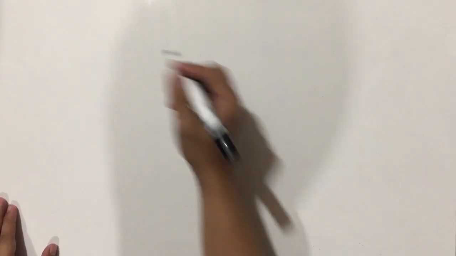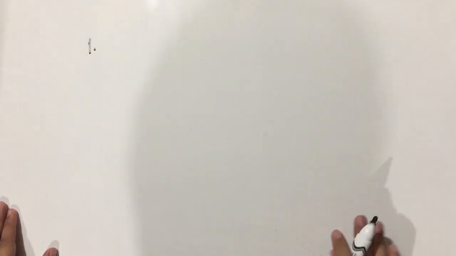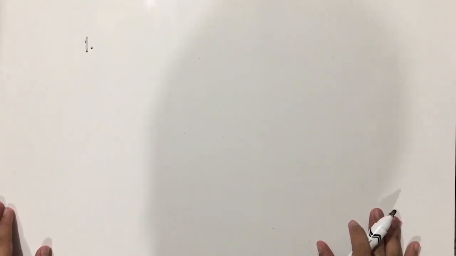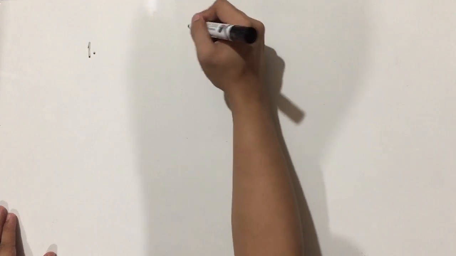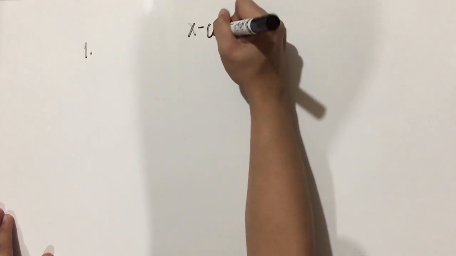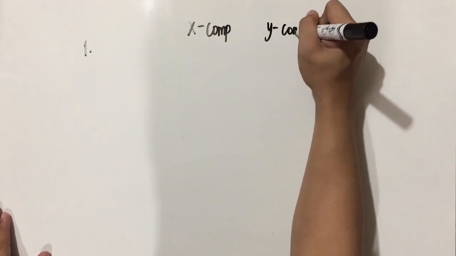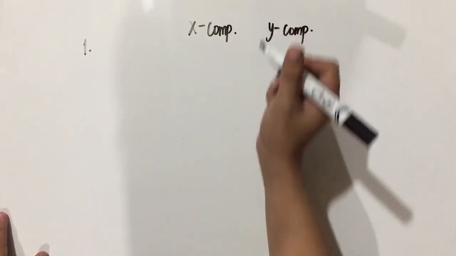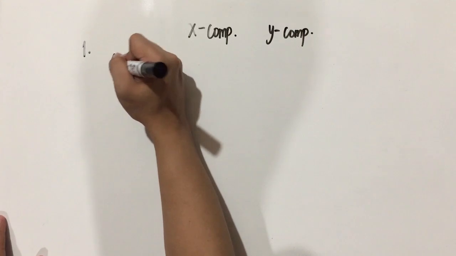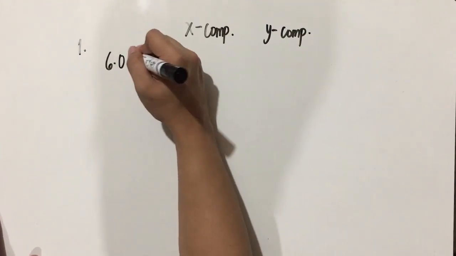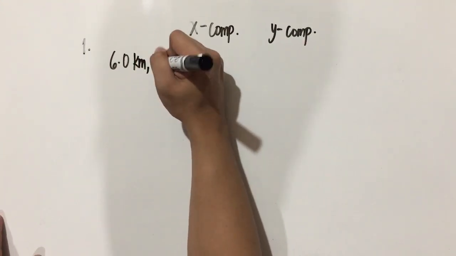Now let's have example number 1 for the analytical method. First step, we have to make a table for the x component and also for the y component. So write the given 6.0 kilometers north.